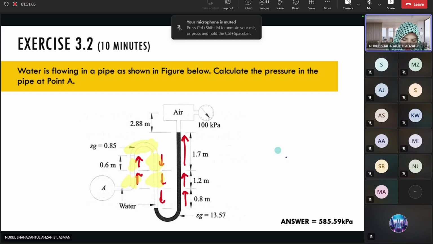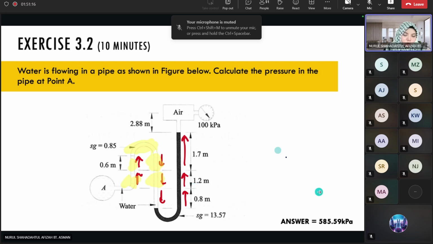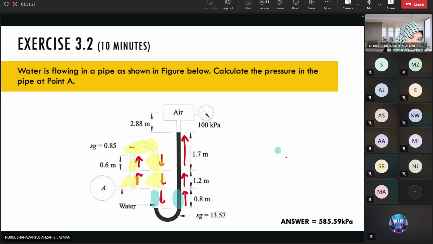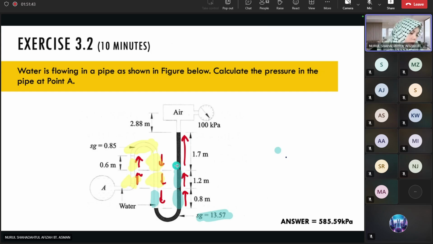Water, this one, dia nak bagi tahu fluid apa, but it's mentioned, yang ni adalah specific gravity dia, 13 point. Ini contengan. Sama sini lah perlu dicari.